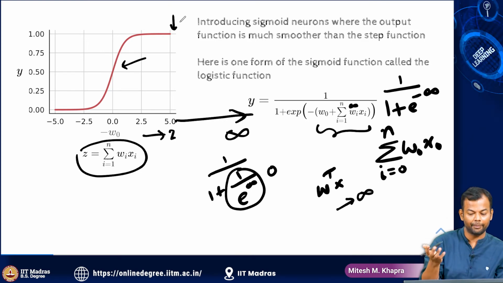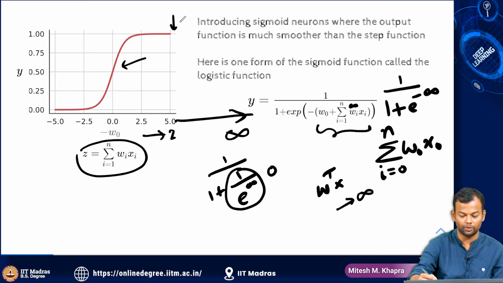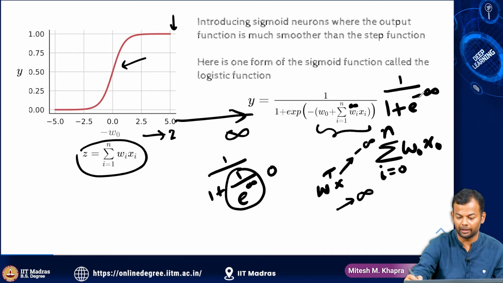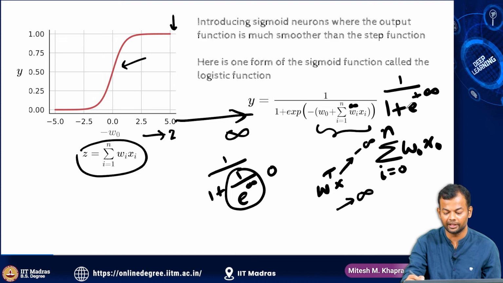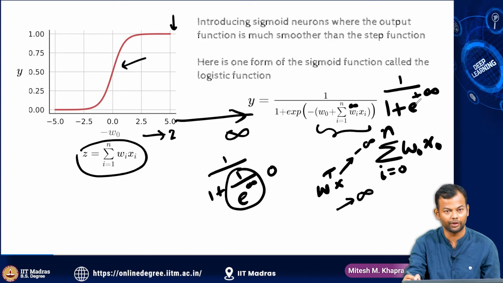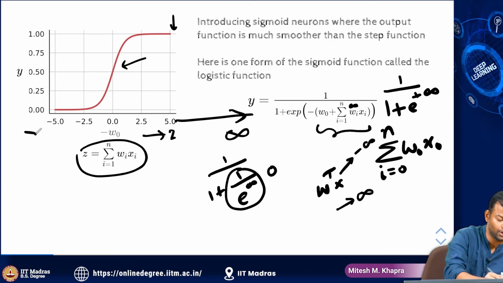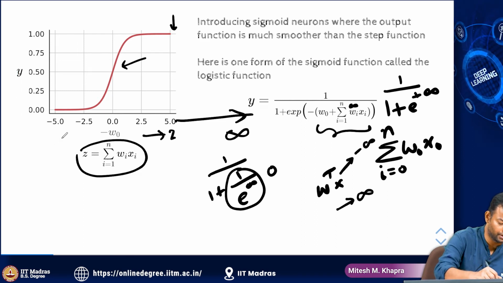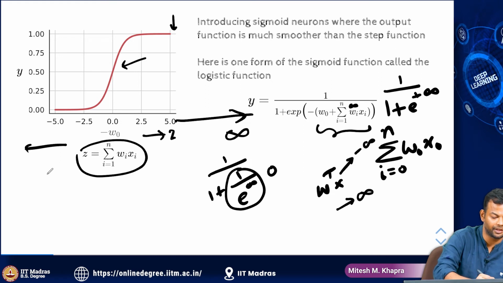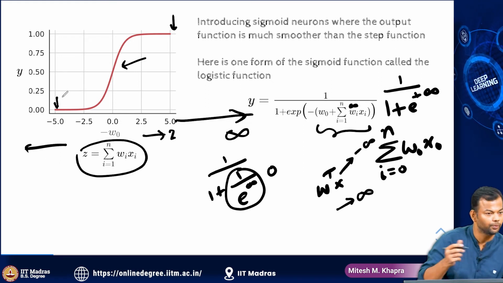And what would happen if w transpose x tends to minus infinity? This would become 1 over 1 plus infinity, right? So in that case, the denominator would become infinity. So 1 over infinity would be 0. So as I go in this direction, which is minus infinity, my function starts tending to 0, right?